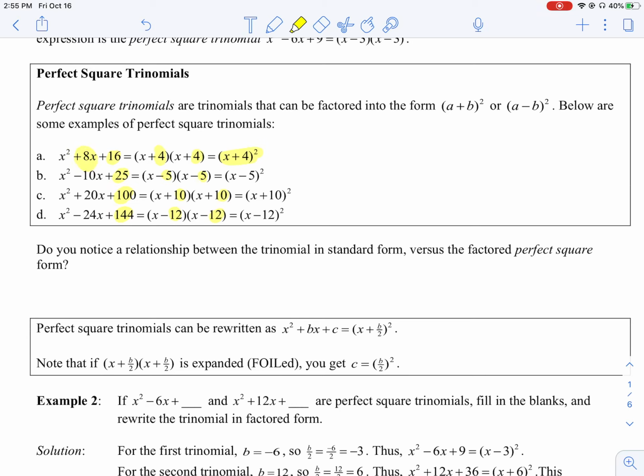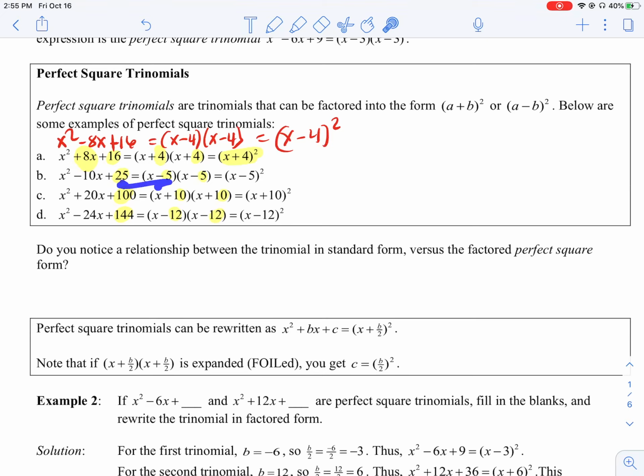If our b value were a negative 8, like say if I have x squared minus 8x plus 16, then my answer would have been (x - 4) times (x - 4), or (x - 4) squared. Does that make sense?